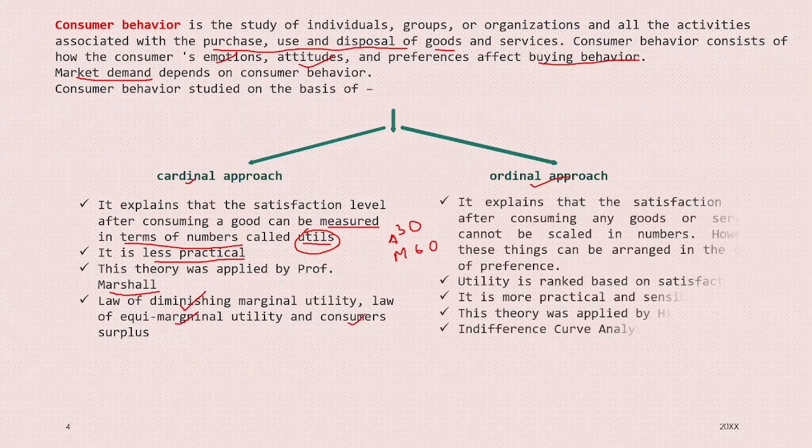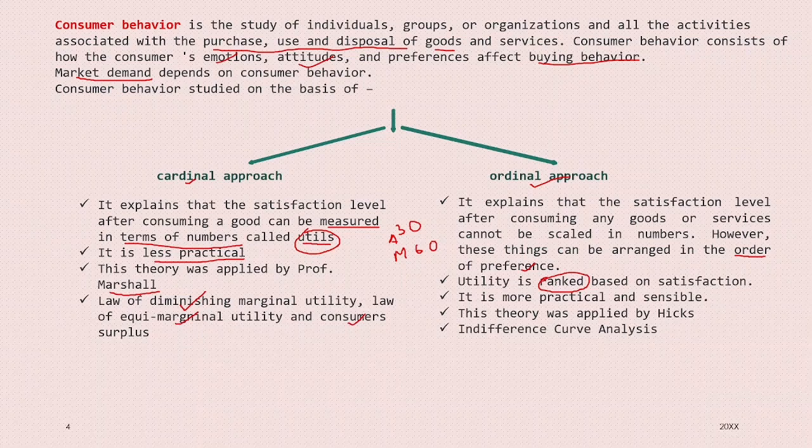Then comes the ordinal approach. The ordinal approach explains that satisfaction level is not measured in terms of numbers, it is rather ranked. We have preferences, like this is my first preference, second preference and so on. Like a person will rank pizza first, then burger, then pasta will be last in his preference order. In this, things are arranged in terms of order.